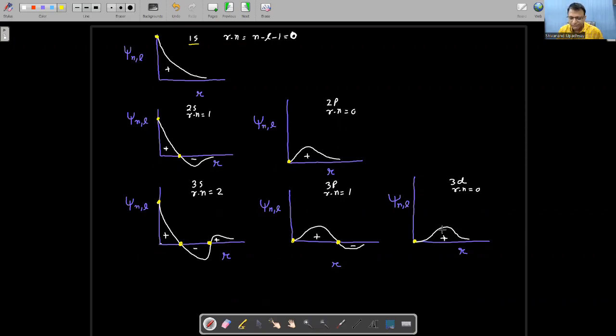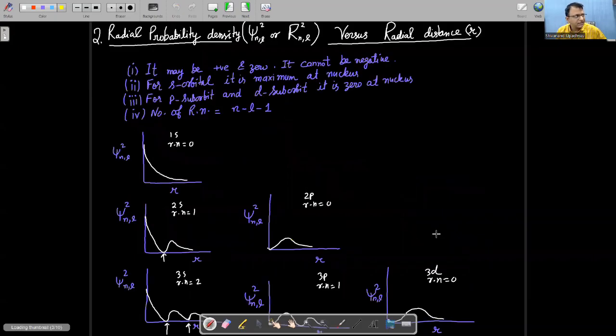So this is the psi versus r graph for different types of atomic orbitals or suborbitals, radial wave function versus radial distance. Let us discuss the second type of graph. The second type of graph is related to radial probability density, which is defined as the probability of finding an electron at a point in three-dimensional space.